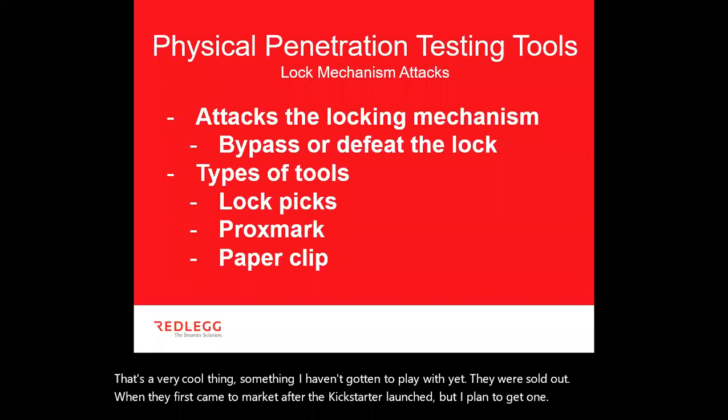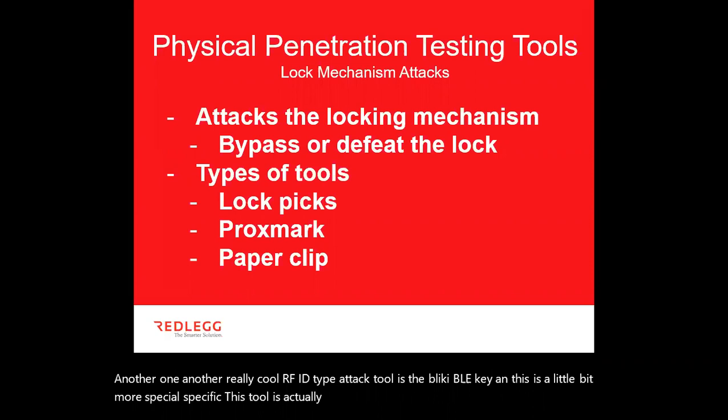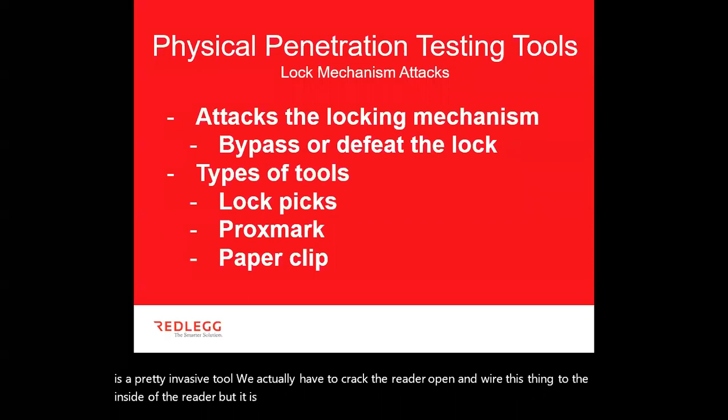Another really cool RFID type attack tool is the BLE key. This is a little bit more specific. This tool is actually a hardware tool that gets wired into the reader. So this is a pretty invasive tool. We actually have to crack the reader open and wire this thing to the inside of the reader. But it is a cloner and catalog reader for the Meaghann protocol.